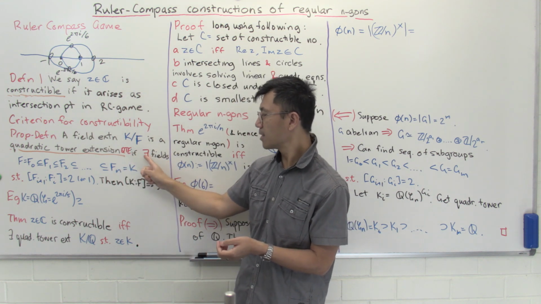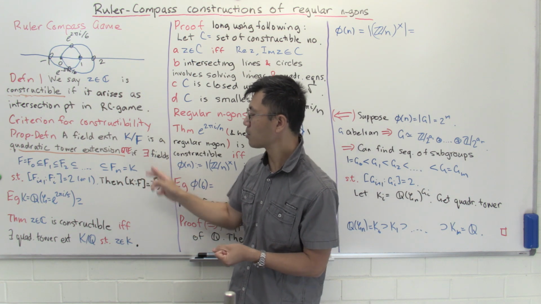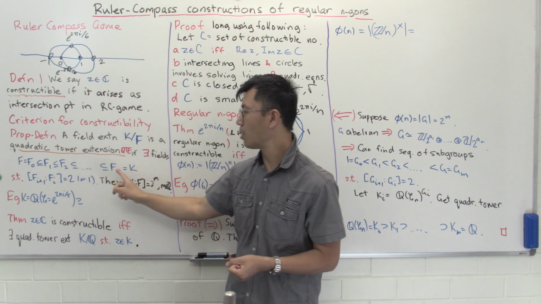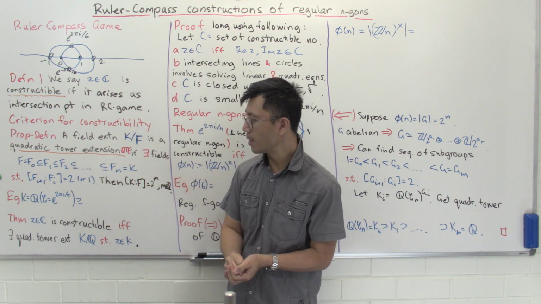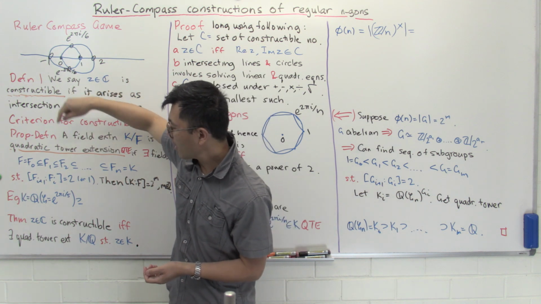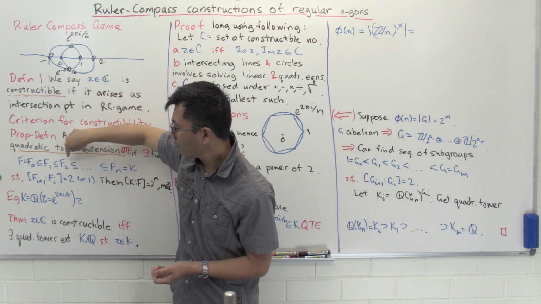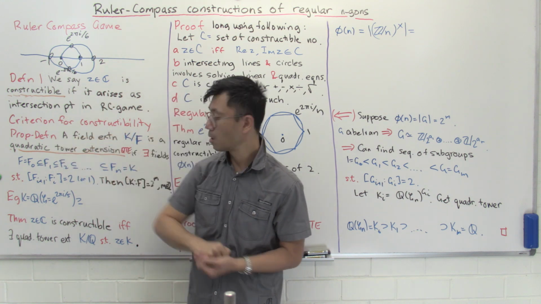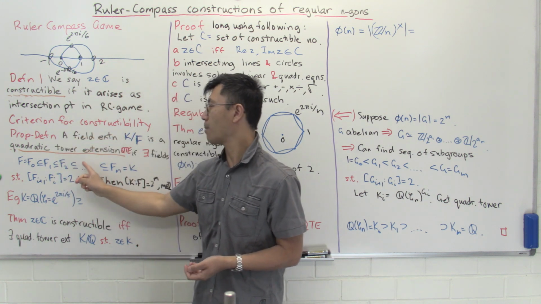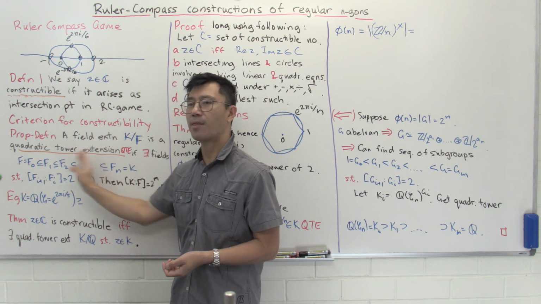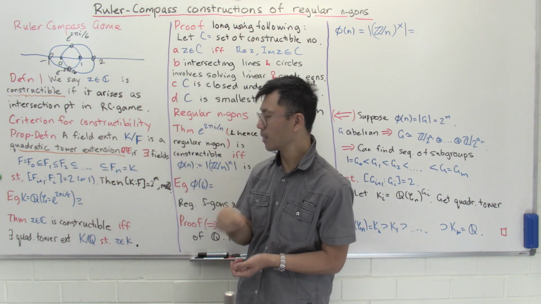If there exist intermediate fields between K and F, intermediate fields F1, F2 up to Fn minus 1, such that they sit in this chain, and the index of each field in the next one is going to be 2. Occasionally maybe we also allow equality, so it can also equal 1. That's not going to change this definition.